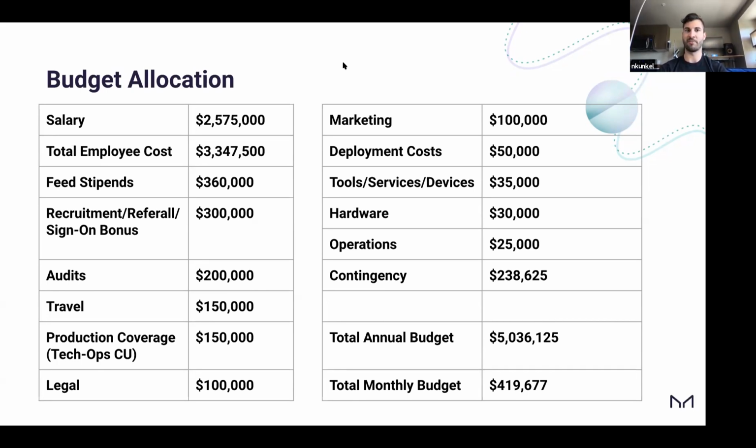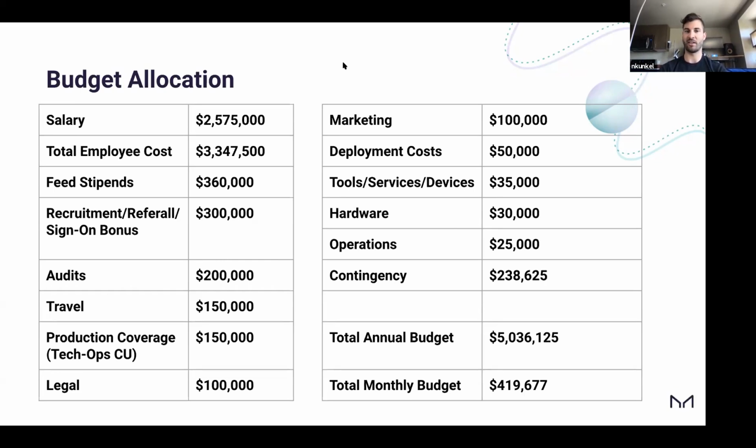That part of the budget comes out to 2.5 million. In order to account for other costs like taxes and benefits associated with employing employees, we've just put a multiplier on that base salary, and that's how we arrived at the total employee cost.